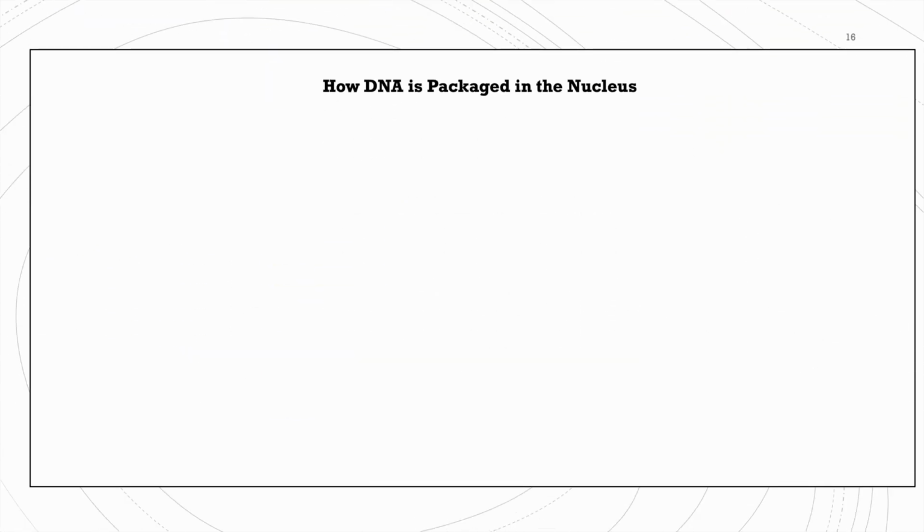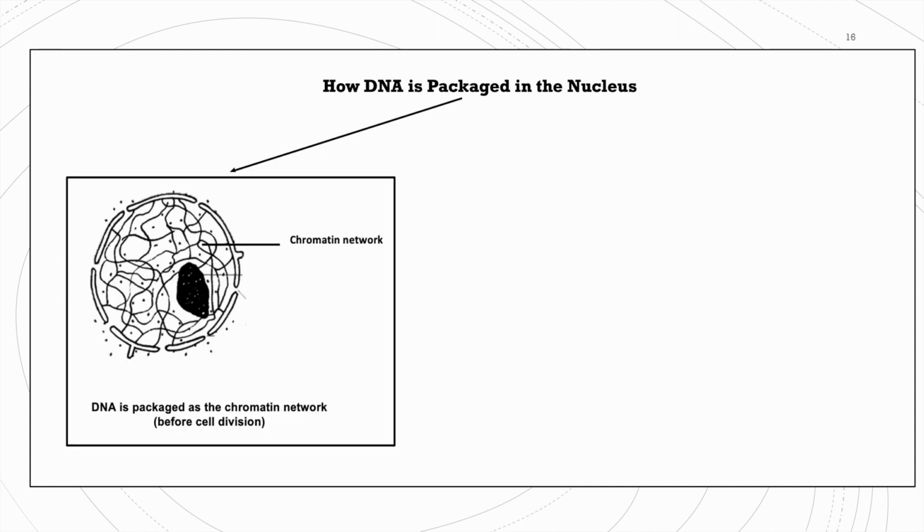Okay, now let's see how DNA is packaged. Look at this cell. When we study this cell, what do we see? We see a chromatin network, threads of DNA or genetic material. This means that the cell is not dividing.